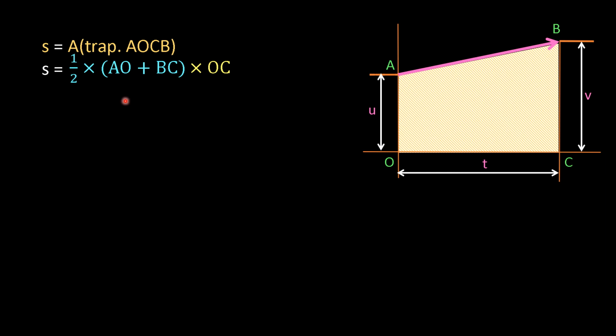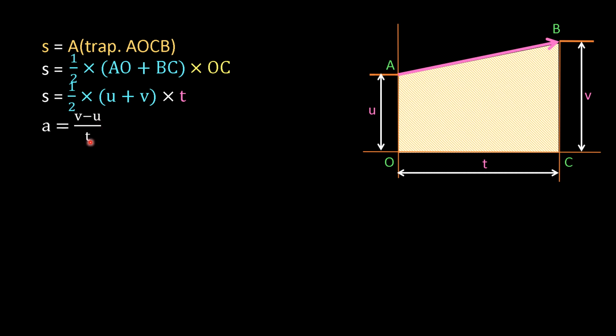We will substitute the values. For AO we write U, for BC we write V, and for OC we write T. We know acceleration A is given as final velocity V minus initial velocity U upon time t.